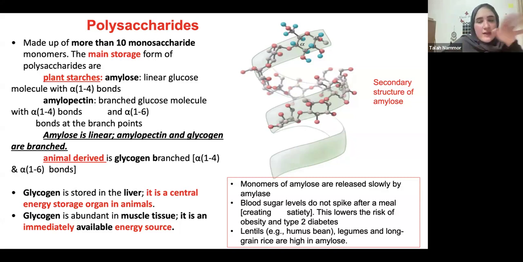It's refined sugar, 100% it does not have it. But things like lentils, legumes, and long grain rice are all high in amylose. That's why when people start dieting, they're told it's better to have wheat bread or brown bread. It's because of the amylose. Again, because we're trying to decrease the spike after every meal. Is it clear?